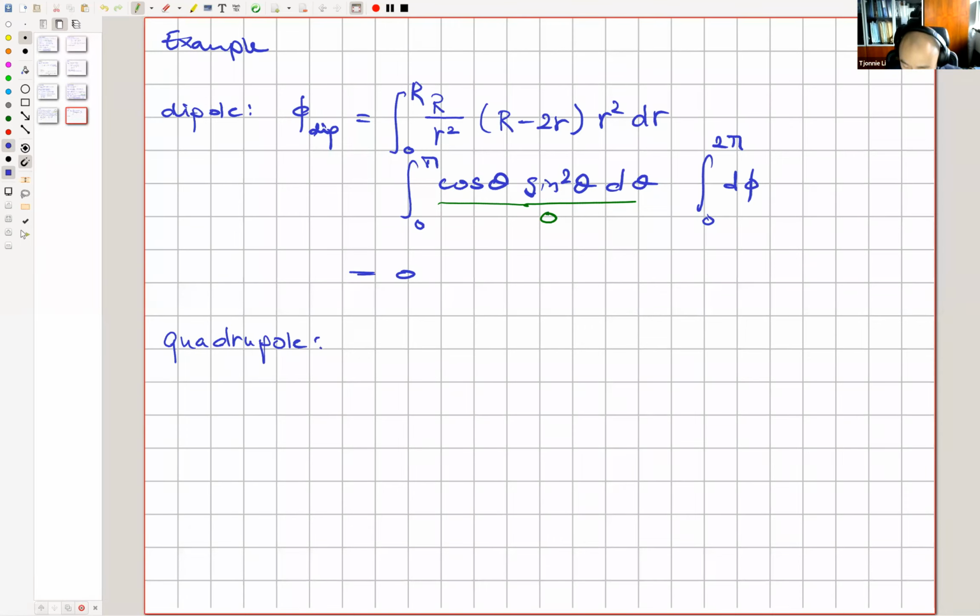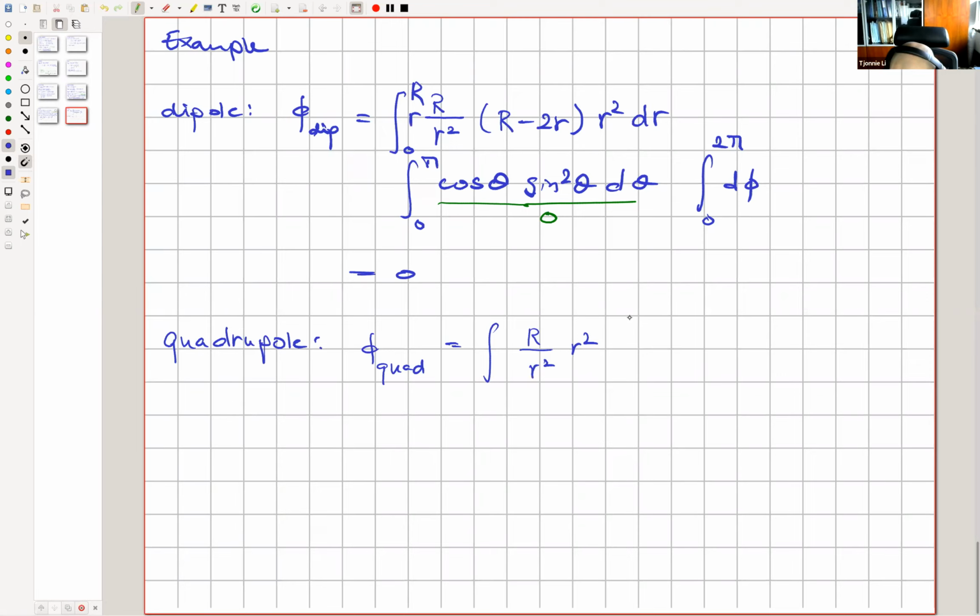So here the quadrupole, for those who are interested, would be integrating r over r squared, and there should be another r squared here. There should be an R here.